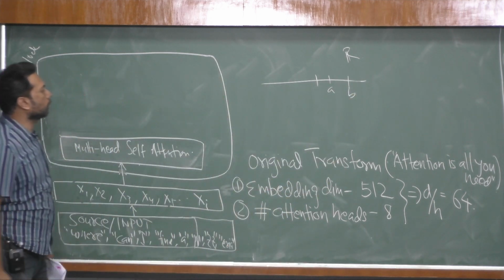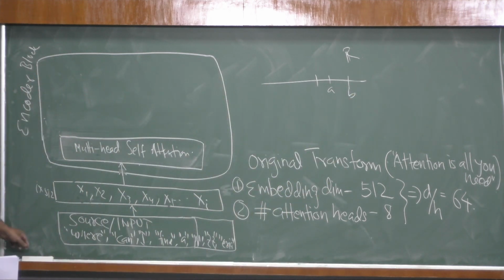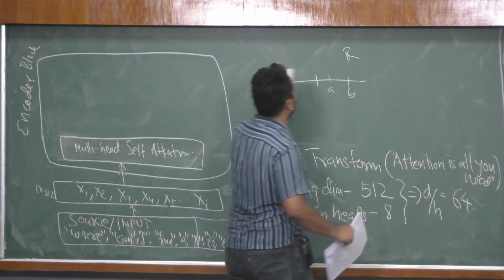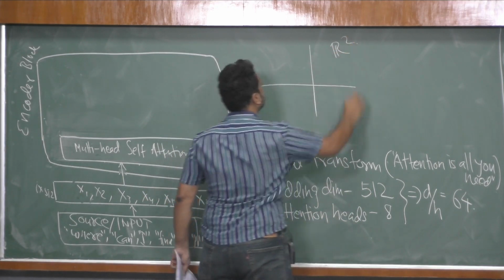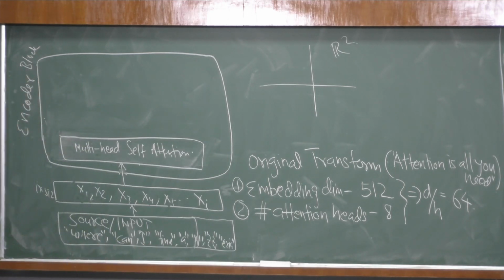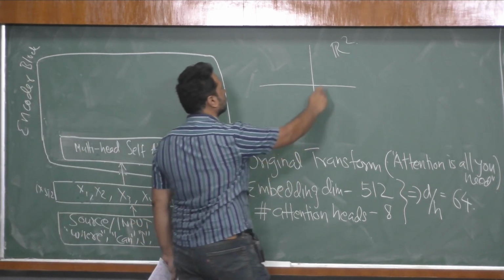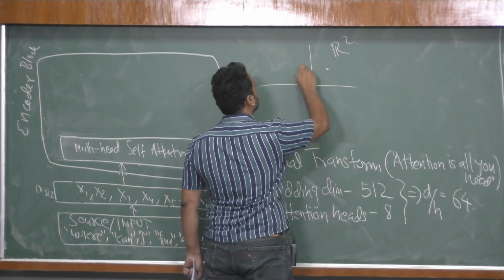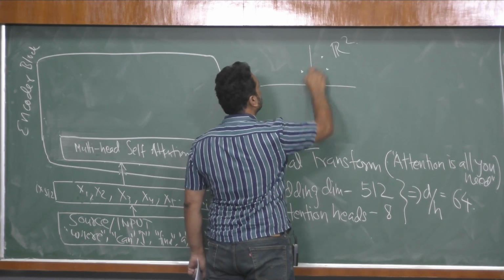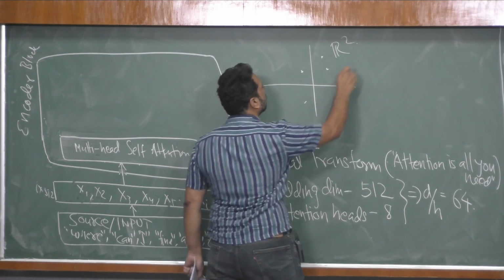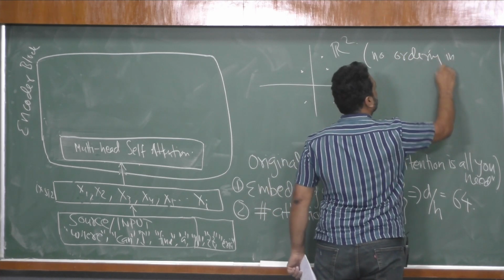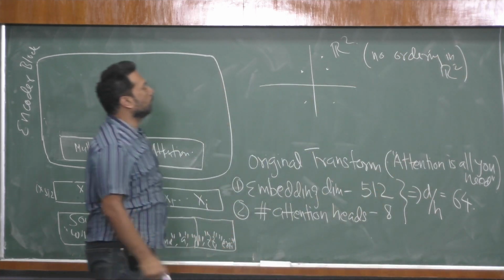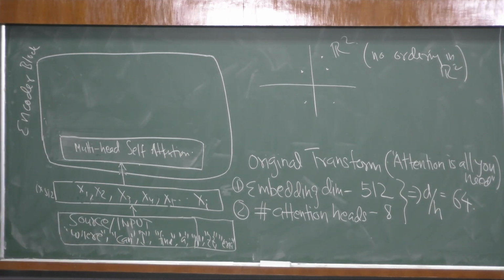But as soon as I go to R^2, there is no concept of ordering as such. Of course we may define a certain ordering, like this number is less than this number. So you may define your ordering, for example component-wise.